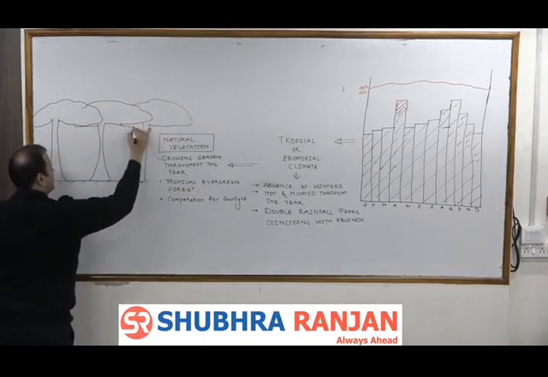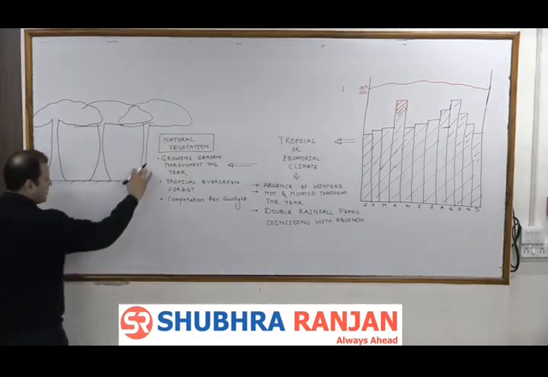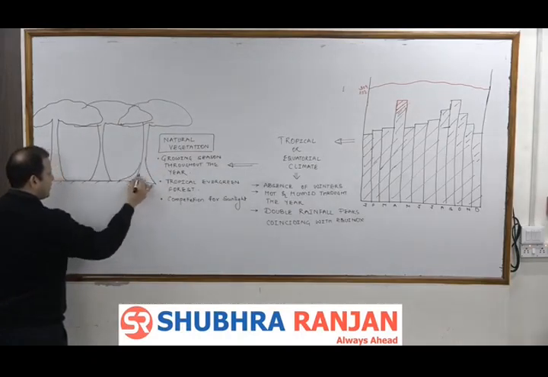This is the first layer of the trees. So what I want to show in this diagram is that trees, are they blocking the sunlight? Yes, they catch maximum amount of sunlight. The trees have a very wide root system.